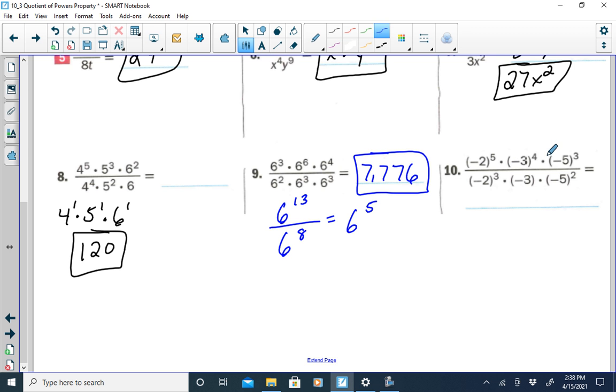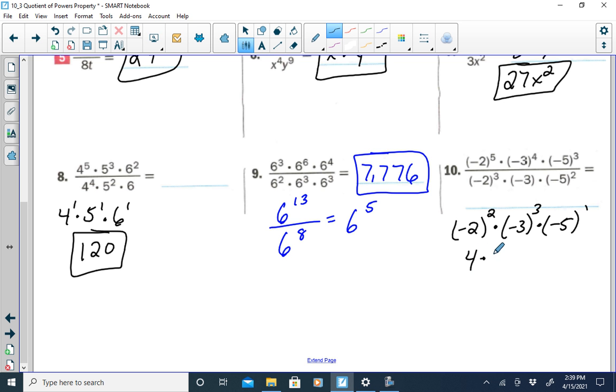And then our last one, we have different bases, so we'll do each of them one at a time. 2 to the 5th divided by 2 to the 3rd, or negative 2, that's going to be negative 2 to the 2nd power, times negative 3 to what power? 4 take away 1. It's going to be 3. And then negative 5 is our base. And 3 minus 2 is going to be 1. And negative 2 to the 2nd power, that's going to be 4 because that's negative 2 times negative 2.